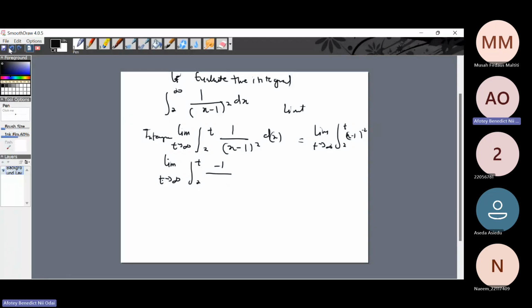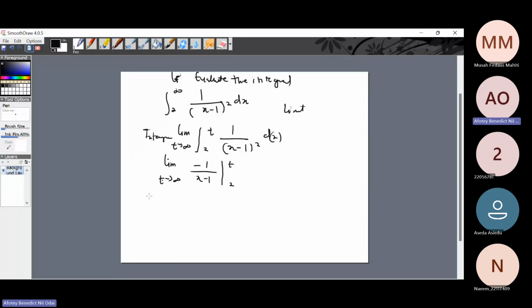Let's go over this again. I've made a mistake. So the limit as t approaches infinity of -1 on x minus 1. This is your integral, and we are defining this over 2 to t.